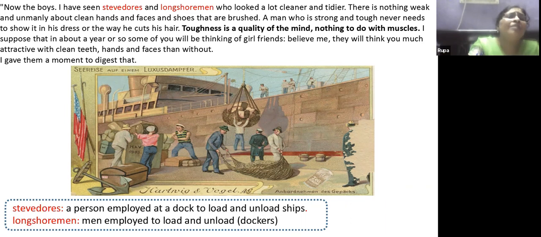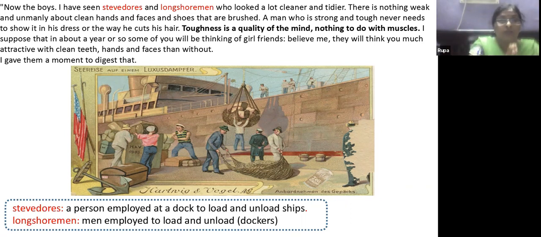I gave them a moment to digest that. So he gave some time for them to understand it, because he told two contradictory points, if you notice here, children. One thing is that if a person is mentally strong, he need not show that he is strong in the way he dresses or the way he cuts his hair.